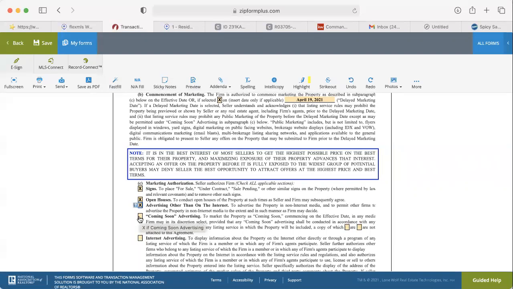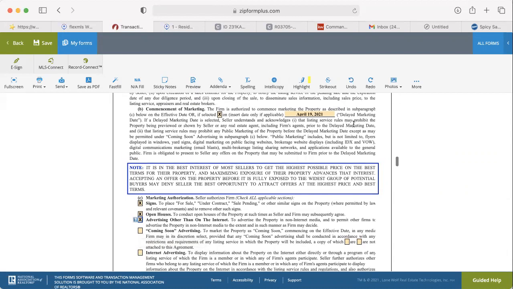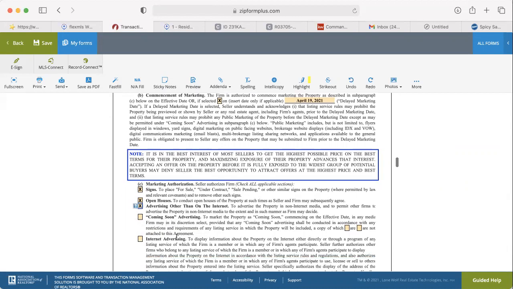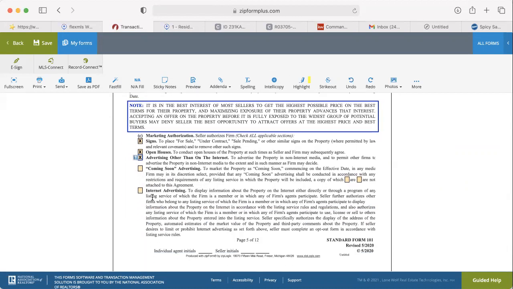By the way, it can only be in a coming soon status for 30 days. If it's going to be longer than 30 days that the property won't be available for showing, it would have to go in as a delayed marketing date and not coming soon. And then the last box is internet advertising.